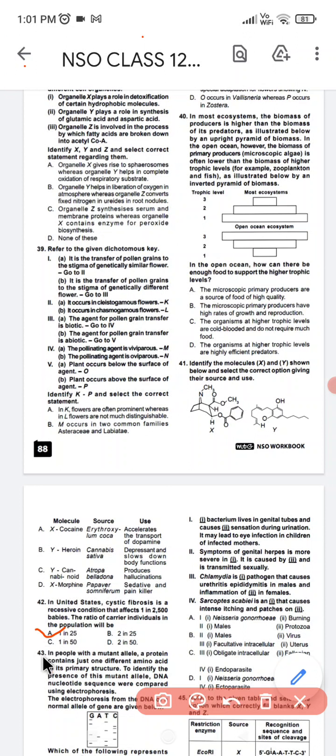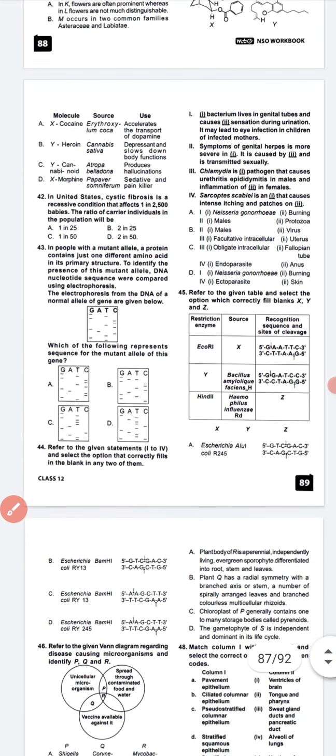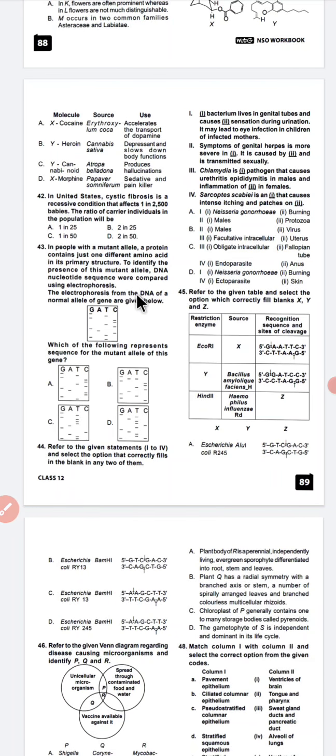After that, question 43. In people with a mutant allele, a protein contains just one different amino acid in its primary structure. To identify the presence of the mutant allele, DNA nucleotide sequences were compared using electrophoresis. Now the next part of the question, they tell you that the electrophoresis of DNA of a normal allele of the gene is given below.